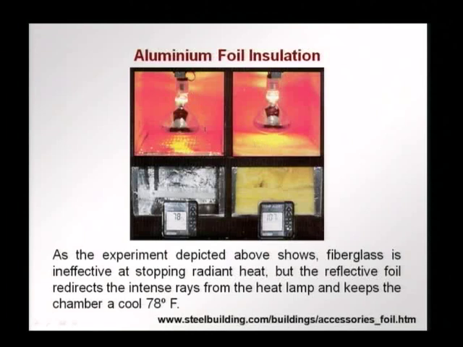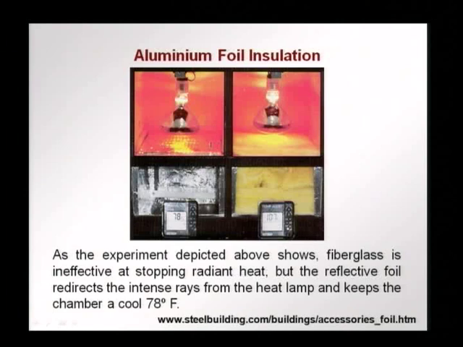This is now a lamp which is providing heat, and we are seeing how much heat is transferred through the aluminum based insulation system. This is now just fiberglass, and this is probably aluminum exterior layers, and inside it would have the fiberglass.